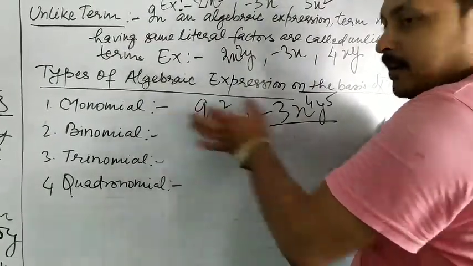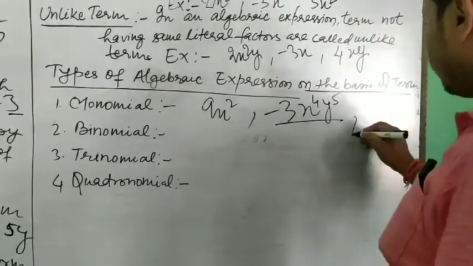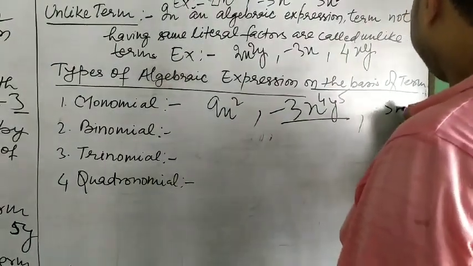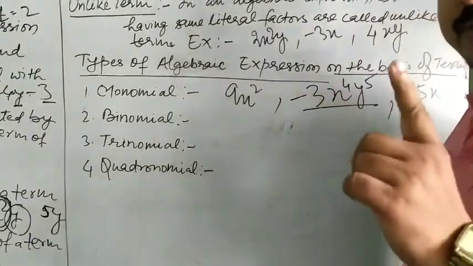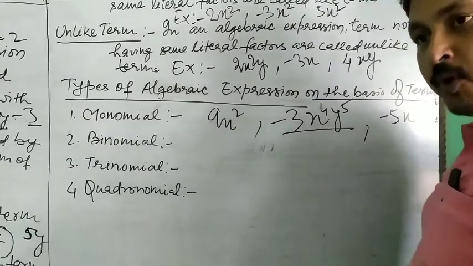That means this is a separate term and this is a separate term. So here minus 5x. These are all one-term algebraic expressions, so it is called a monomial.